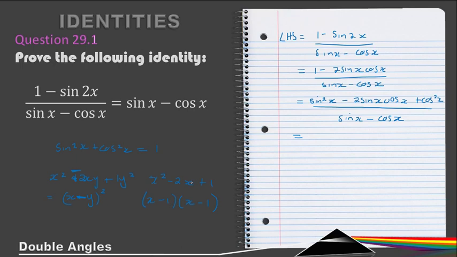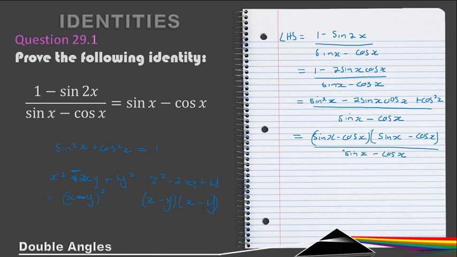But now that we have this y over here, we have a y here and here, and this is now just represented by sine x and cos x. So factorizing this top part, we have sine x minus cos x and sine x minus cos x all over sine x minus cos x.